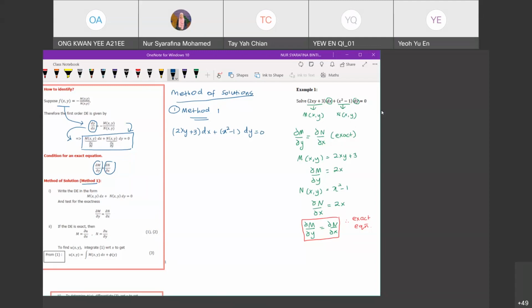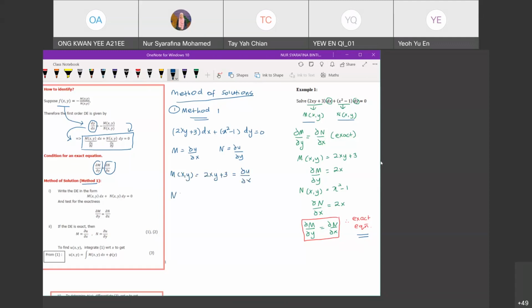And then, if the differential equation is exact, now you know that this differential equation is an exact equation. So we have M equals del u del x and N equals del u del y. Meaning that you know what your M is, what your N is, and you have proven that del M del y equals del N del x. So actually, we can write this M(x,y), which equals 2xy plus 3, equals del u del x.